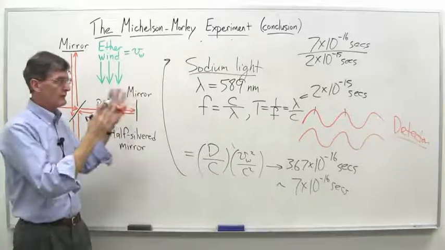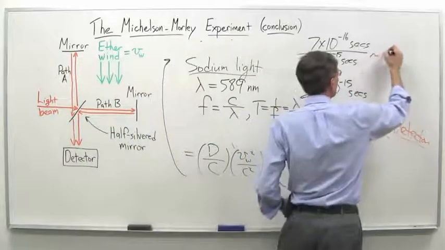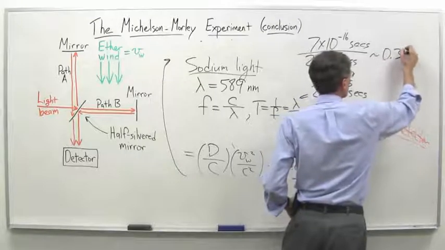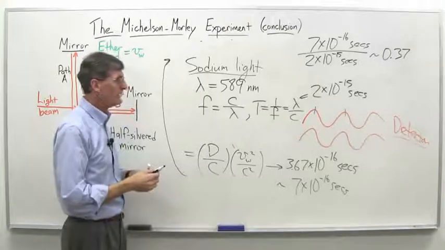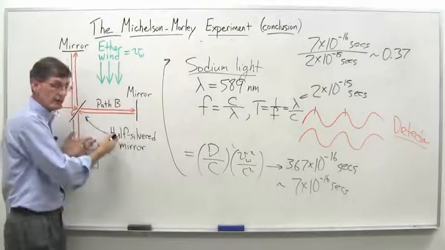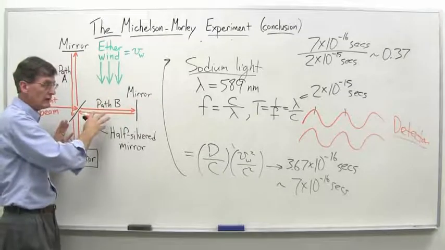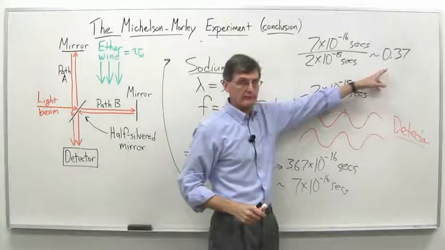And if you get out your calculators or just do the math there, you find this is about 0.37. What does that mean? Well, what it means is that with that time difference, the two paths of the light here, one of them will be shifted by about a third of a period.